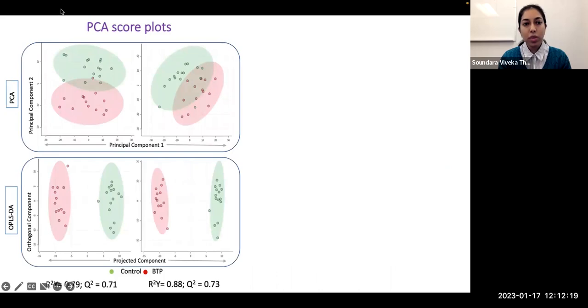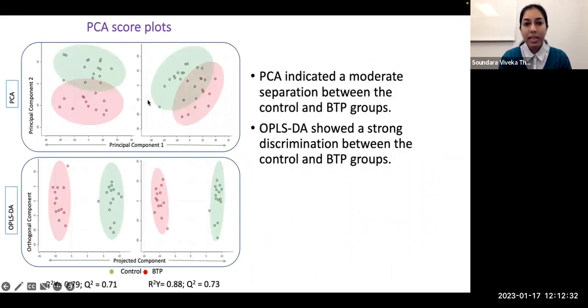We used an unsupervised principal component analysis and a supervised OPLS-DA analysis to look at the overall metabolites in the negative and positive ion modes. We can see a clear difference between the control and the biosolid groups in both the negative and positive ion modes.